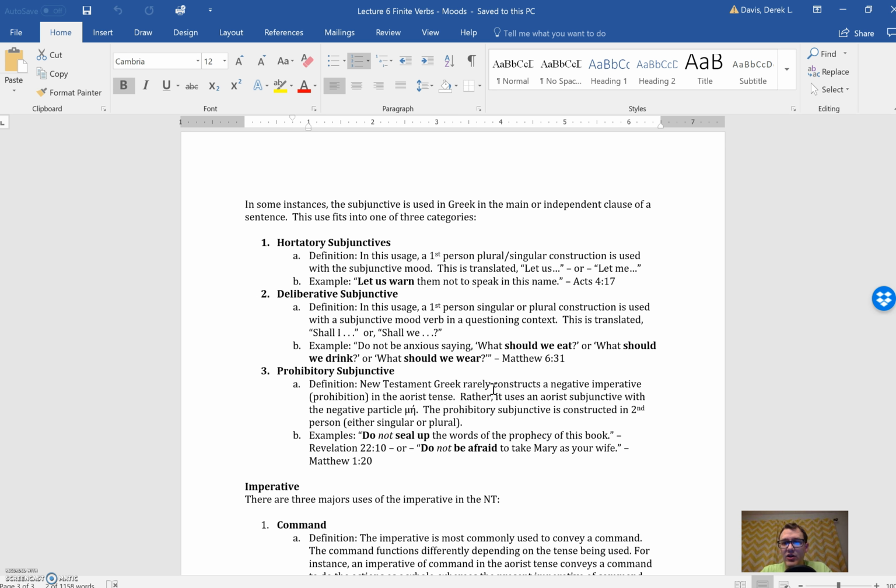The example I've given you here out of Acts 4:17: let us warn them not to speak his name. So here the subjunctive nature comes out in that it is in fact not necessarily a foregone conclusion that the people will do this. Okay, instead the person is saying, "Hey, let us do this thing." He's charging or she's charging them to do this. Okay, and so instead of saying we should or we will warn them not to speak, it's let us.